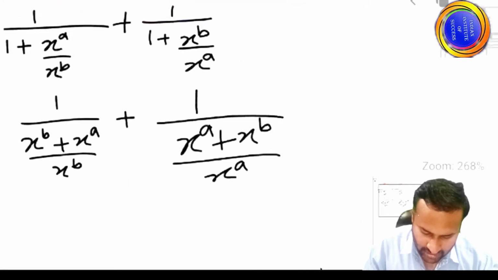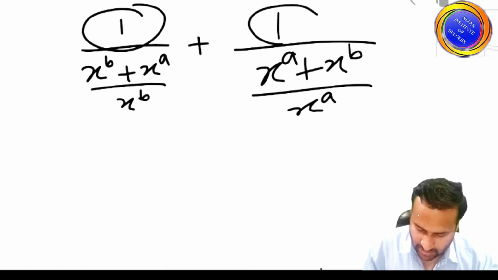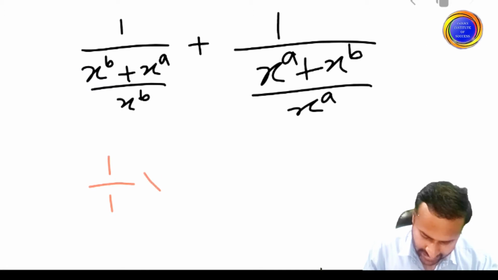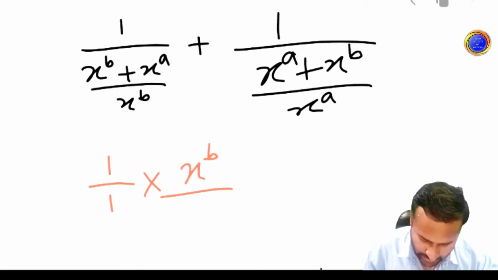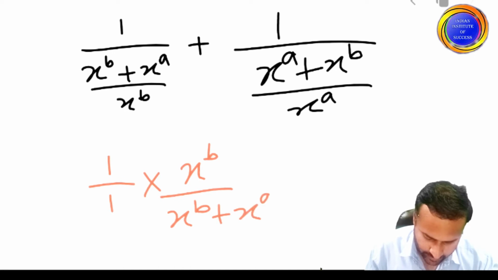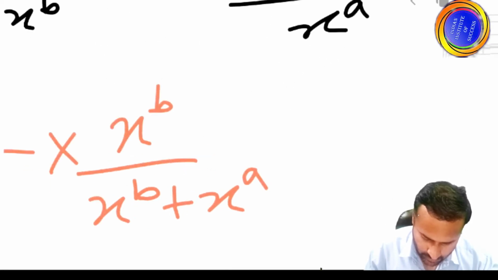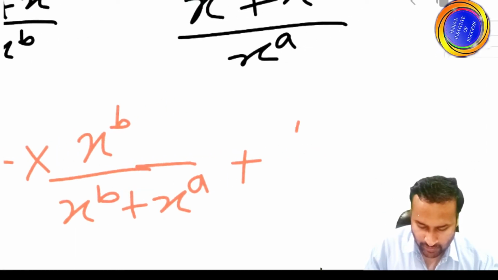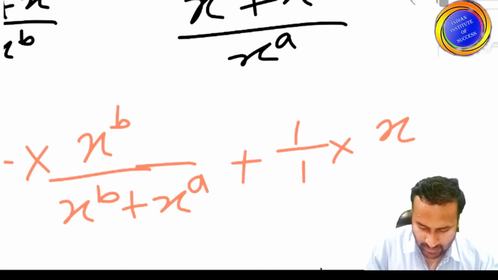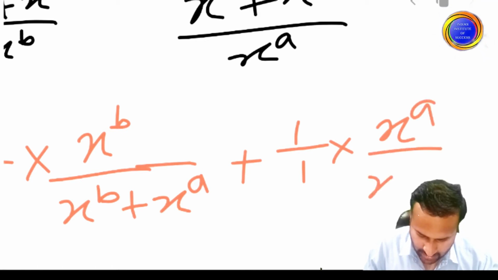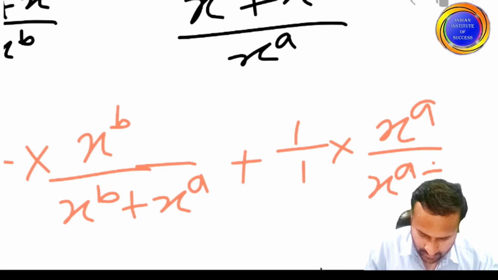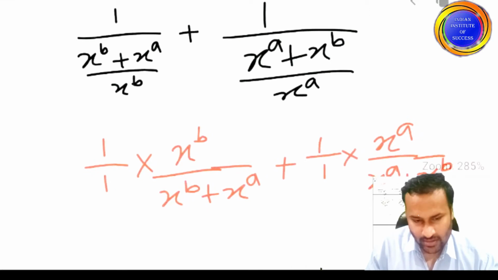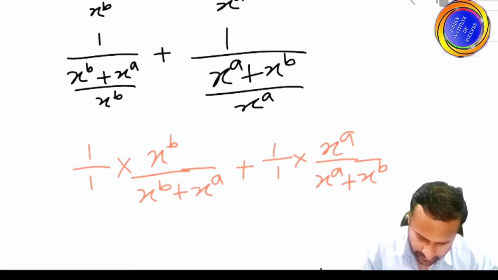After this, we will multiply 1 upon 1 into x raised to power b upon x raised to power b plus x raised to power a, plus here also 1 upon 1 into x raised to power a upon x raised to power a plus x raised to power b. I hope you understood this.